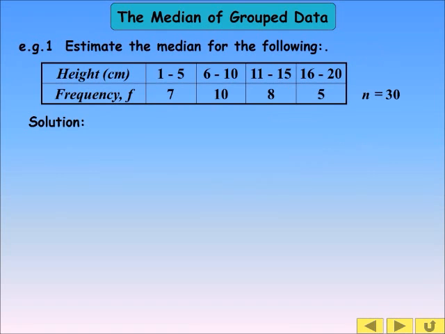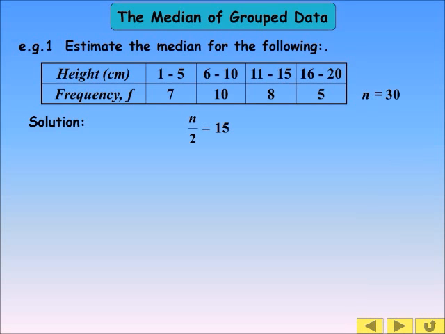Now, can you find it by yourself? Estimate the median for the following table. I show you, the total frequency is 30. This is the first solution, using n equal 30.